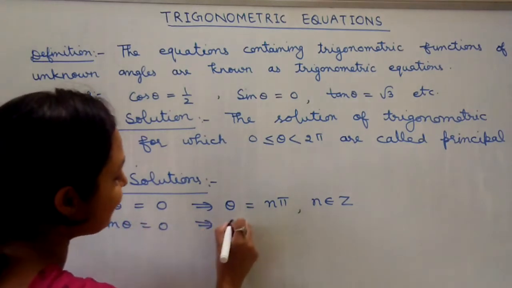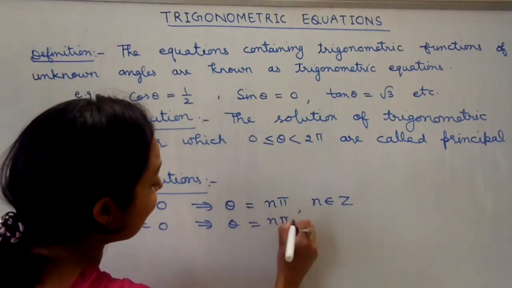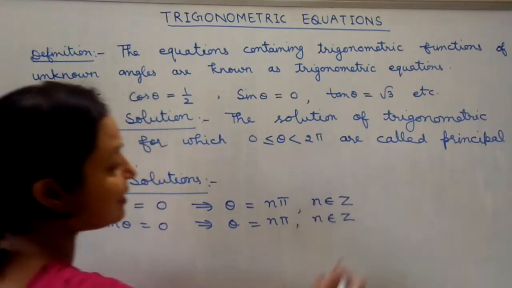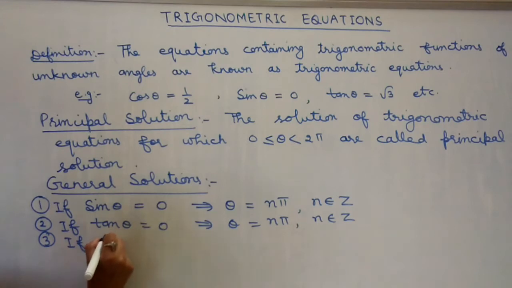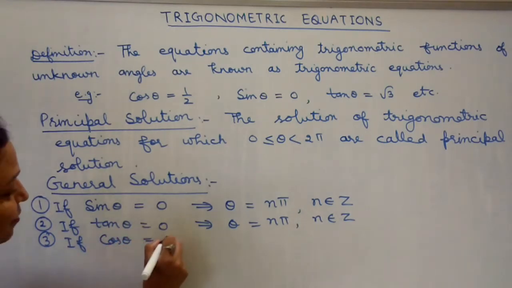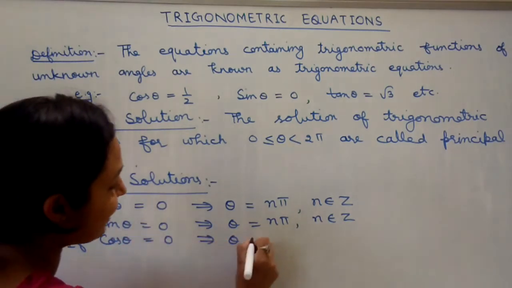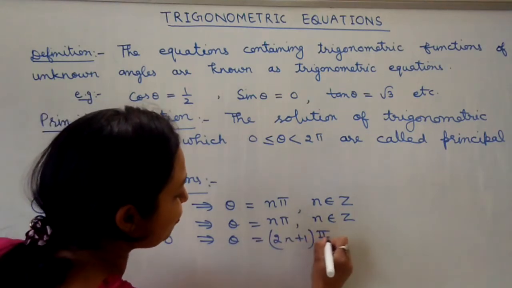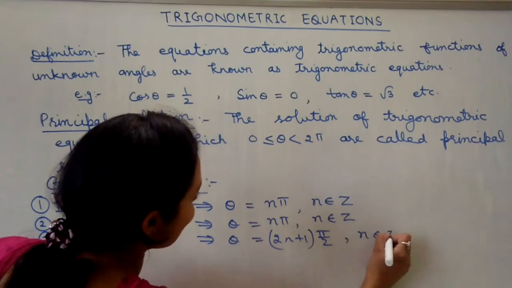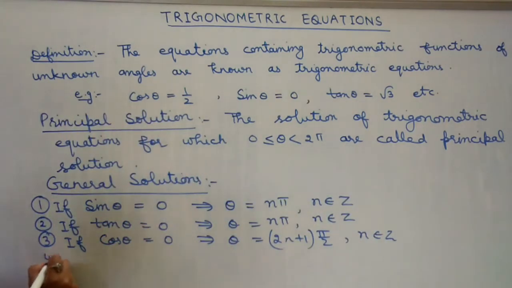This will again give theta equals n pi, n belongs to the integers again. Third, if cos theta equals 0, that means theta equals (2n plus 1) pi by 2, where n belongs to the integers. Come to the fourth formula.